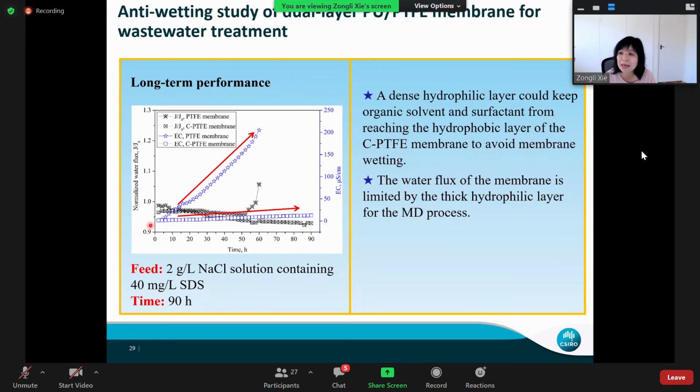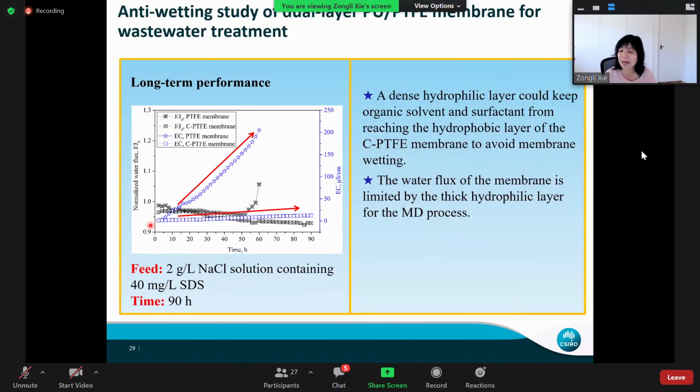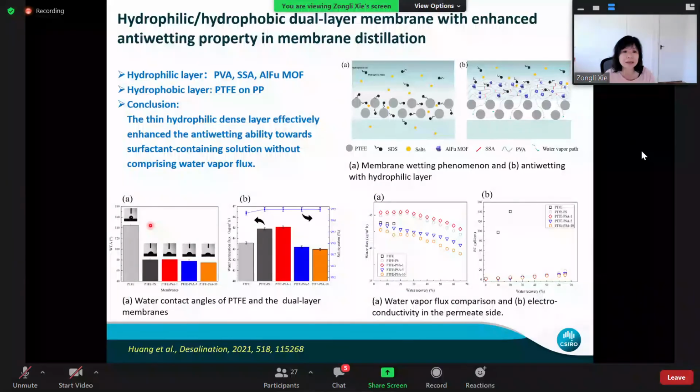So what we have been doing is exploring whether we can keep the hydrophilic top layer thinner, because we believe once we have a thinner layer, we are able to minimize mass transfer resistance, while maintaining the anti-wetting property, and also have a chance to improve the water flux of the membrane for the MD process.